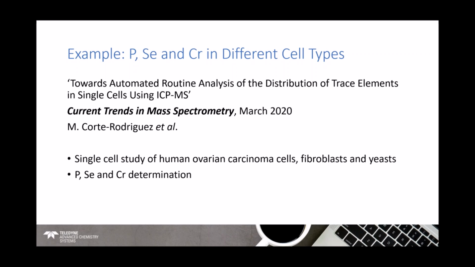Now they focused on a number of different types of cells, and they looked at phosphorus, selenium, and chromium measurement through this process. So I'm just going to work through some of the highlights of what they put into the article, but the article is available online if anybody wants to have a look at this.